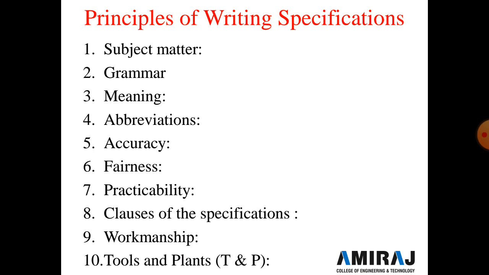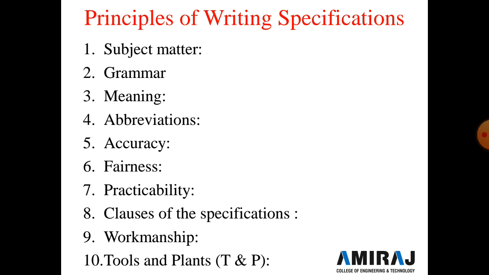And as the specifications are legal documents, terms such as suitable, properly used, and the words shall be or should be are used. So it's an important point in grammar.